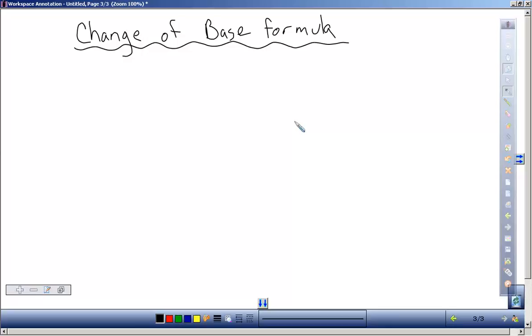Alright, so the change of base formula. The change of base formula is what is going to allow us to actually use our calculator to do all logs. So let's say that I have a log base b of a. So some number down here other than 10 and other than e, and then it's a log of some number. If I do want to type that into my calculator, I can type in common log, so log base 10 of a, and divide it by the common log, log base 10 of b.